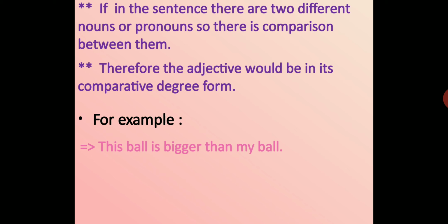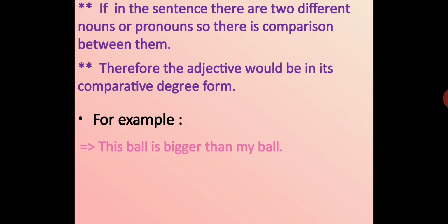This ball is bigger than my ball. Here we are talking about two balls, this ball and my ball. So how many balls are there? Two. If we compare two nouns, then the adjective would be in its comparative form, right? First of all, we will find out the adjective from the sentence.